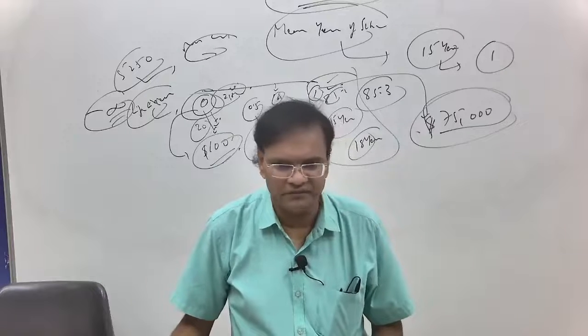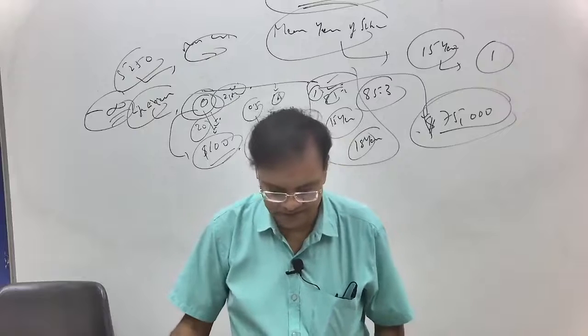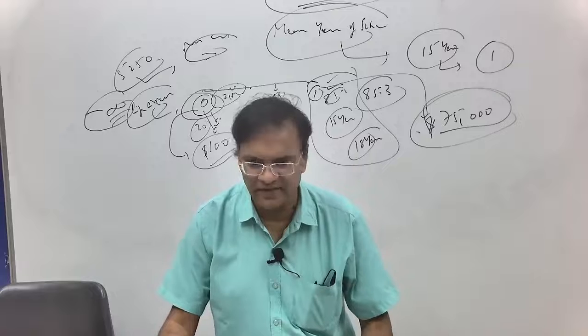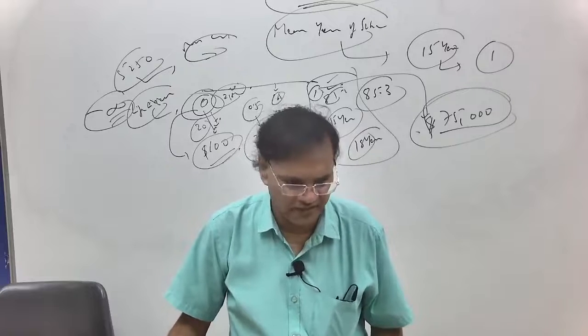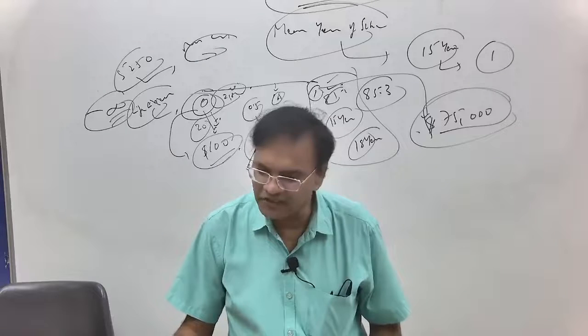What is this 2-1-0 formula? 2 minutes to decide whether to give the loan or not. 1 minute to transfer money.